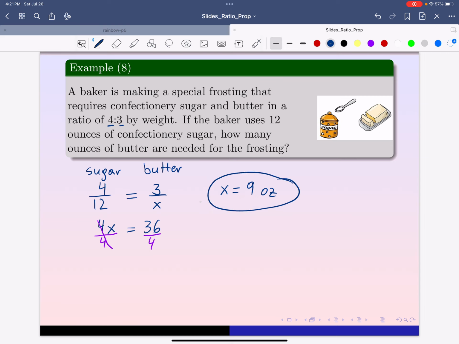My x was butter. That was the x, right? So if we have the ratio 3:4, then we use 3 for sugar, 4 for butter, and we set it up in the proportion accordingly as it is.